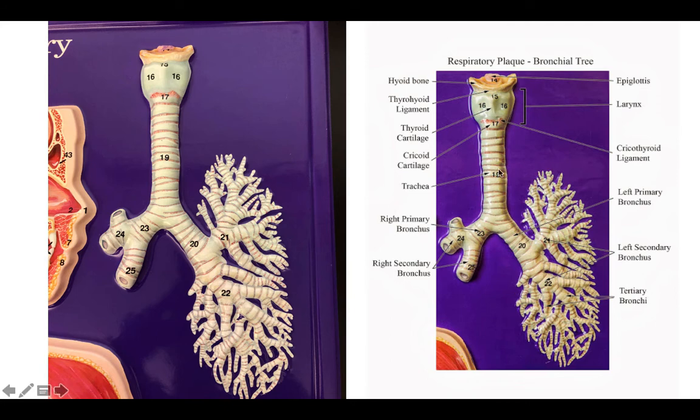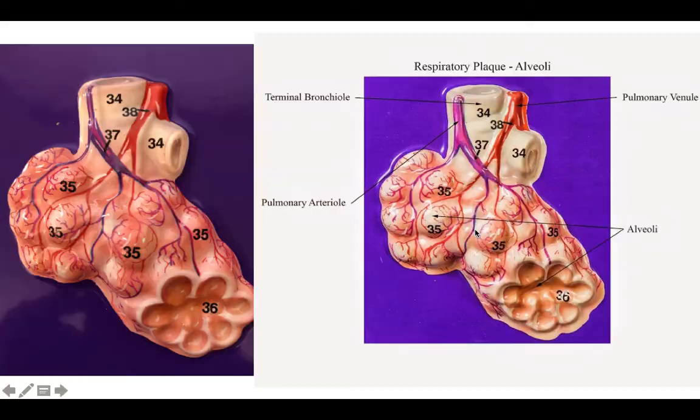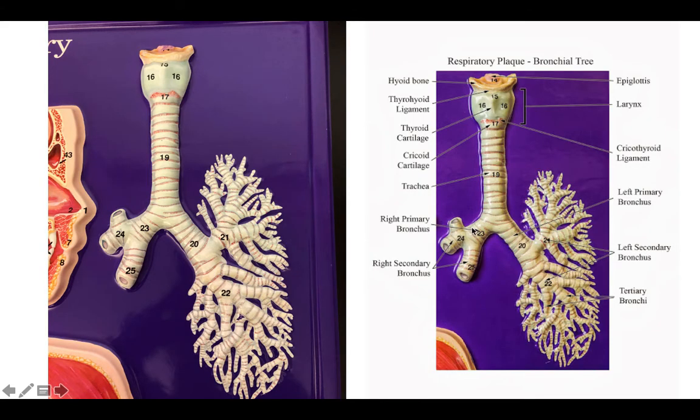So here again, you have the right primary bronchus, and then you have the 3 secondary bronchi on the right side, because they are branching again into each of the 3 lobes on the right side. So again, the right side of the lung is going to have 3 lobes.